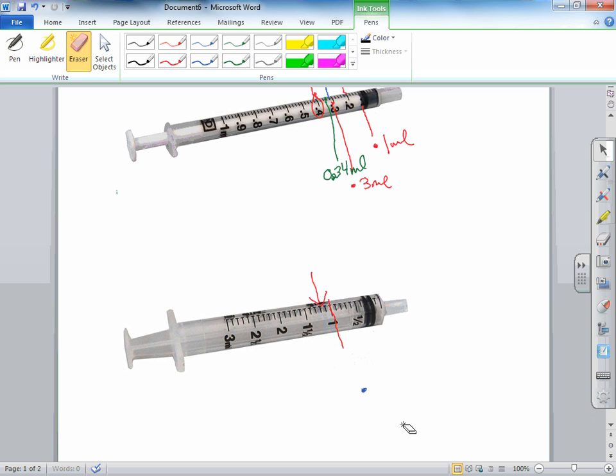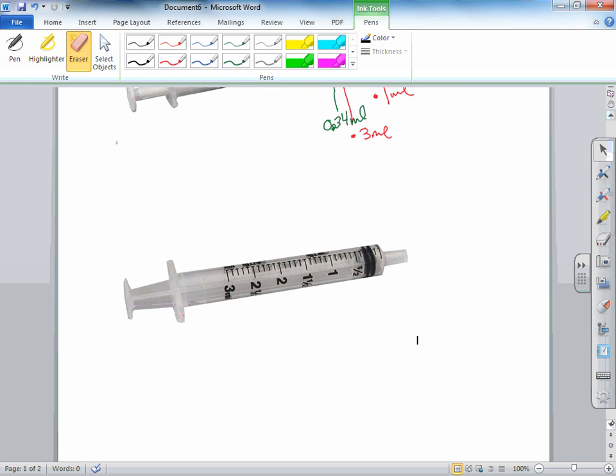Alright, so let's look at the 3 milliliter syringe. Between each whole number, how many lines do you have? I'm going to look between the 2 milliliter. This is 2 milliliter.